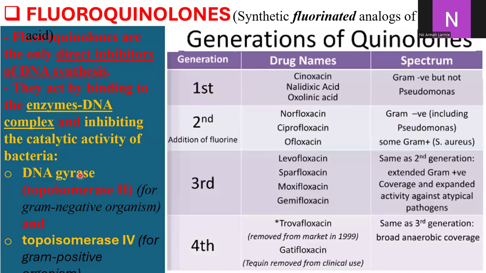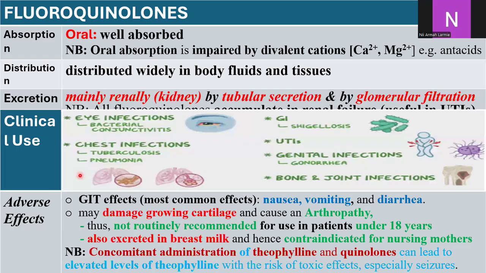Now, what about some pharmacokinetic properties of fluoroquinolones? Fluoroquinolones are well absorbed when taken orally, but in the presence of divalent cations like calcium and magnesium, the absorption is impaired. So it's always advisable that these drugs be taken away from these divalent cations.